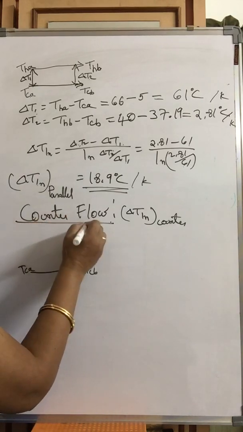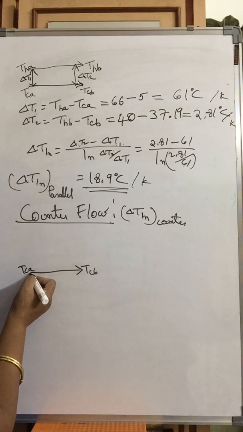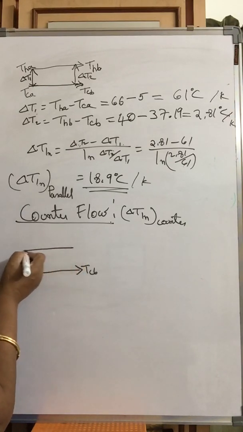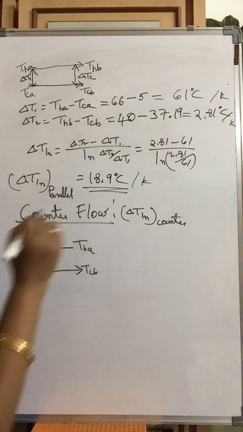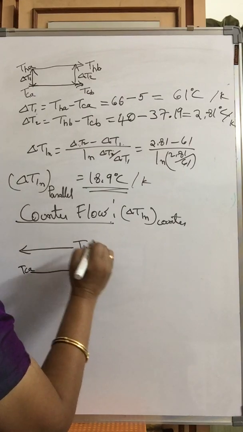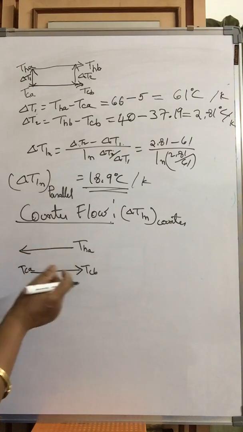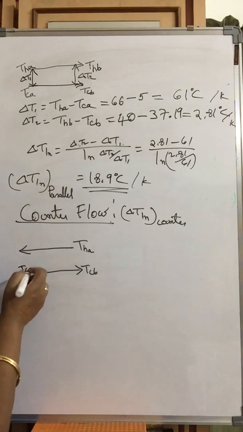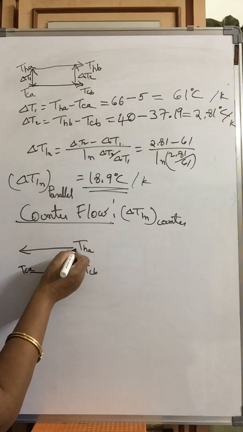Next, because it is counter flow, when cold fluid is entering at this end, hot fluid enters at the opposite end. So the directions of cold fluid and hot fluid are opposite to each other.